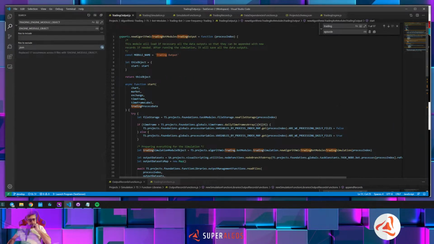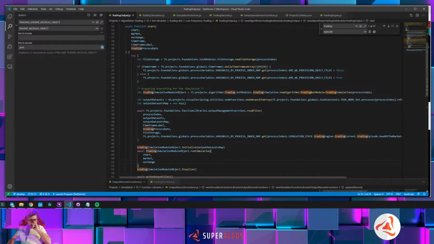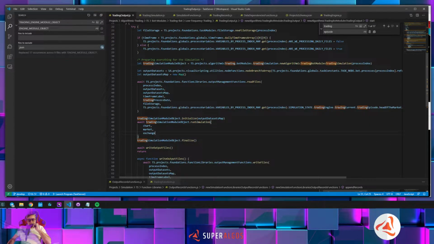Trading output is a module that loads the output into the simulation. You know that these kinds of bots, the trading bot and the portfolio bot, are going to be running on a loop. The main loop is usually 1 minute, but it depends on the time frame that you're running.